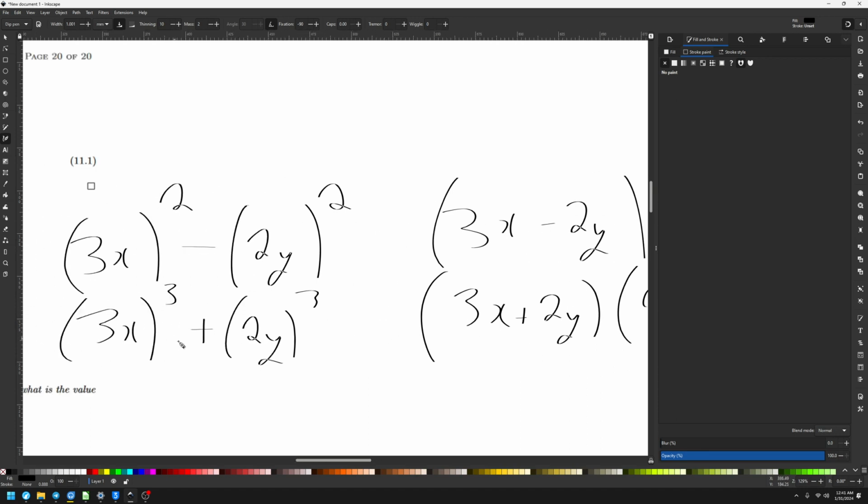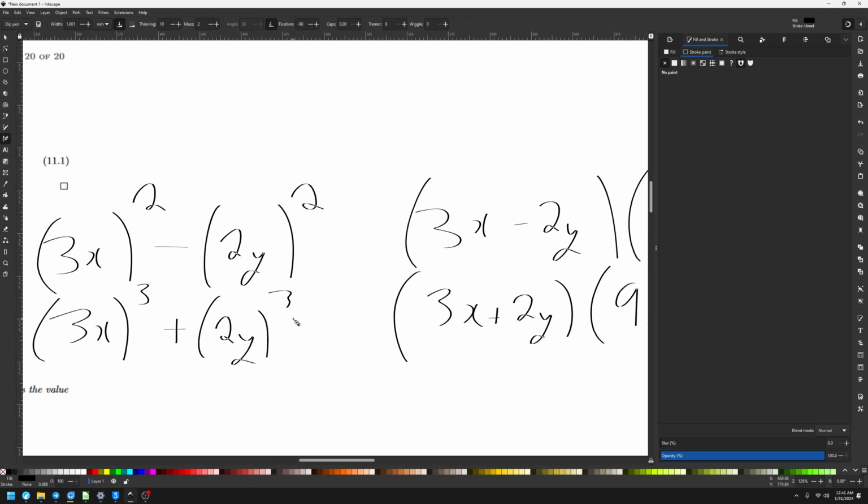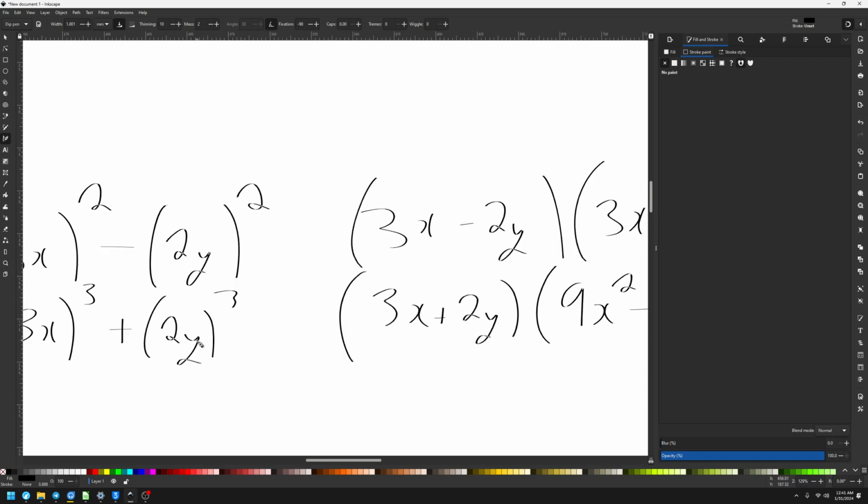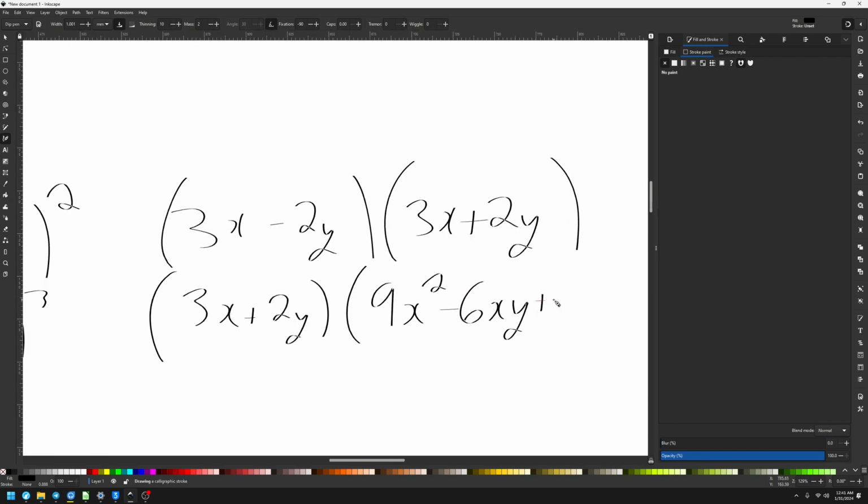So minus the product of these two, which is minus 6xy. Okay, and then we finally square the last term. Should be 4y squared. Okay, and in this fraction, we can cancel out the common terms, which is 3x plus 2y. And we're left with 3x minus 2y divided by 9x squared minus 6xy plus 4y squared. That's our final answer.